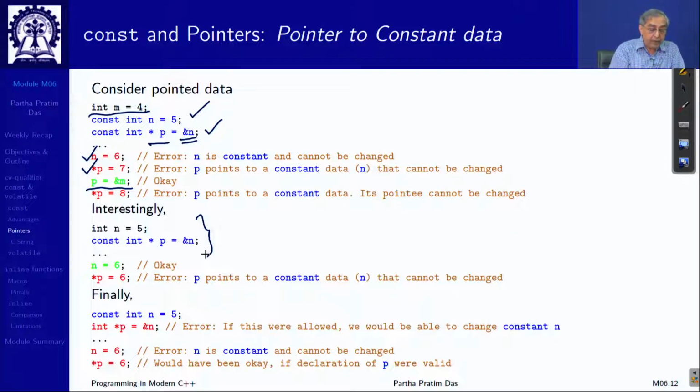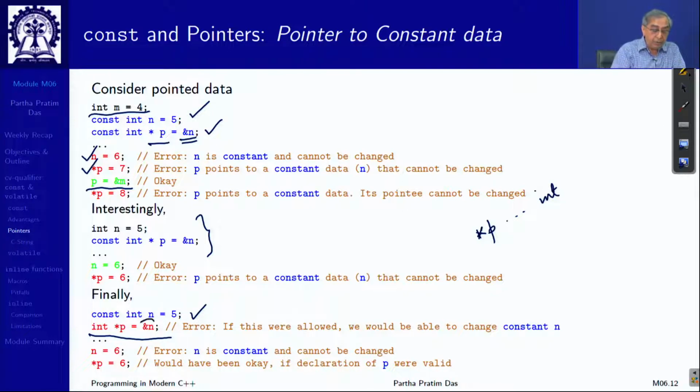Now, we can also say we have a constant here, and suppose I want to use that address to initialize int star p. That also is an error. Why? Because int star p tells me that star p is int, it is not constant.